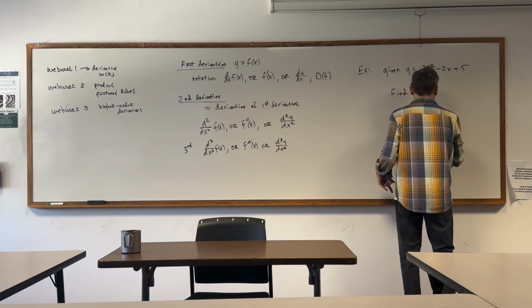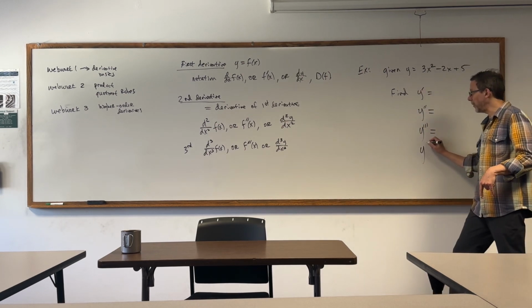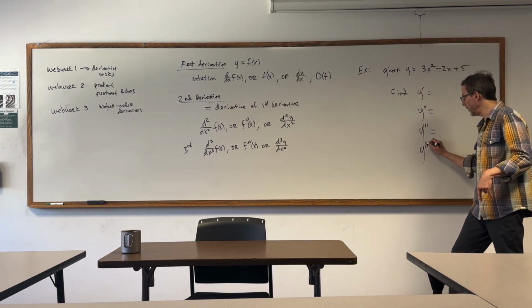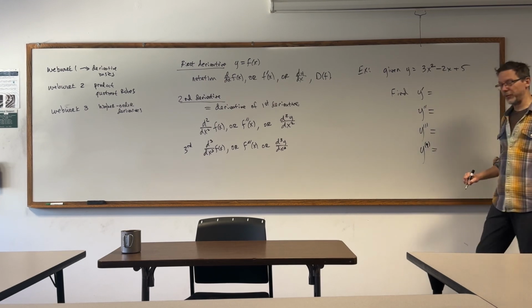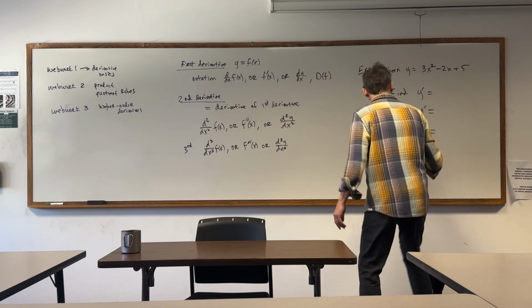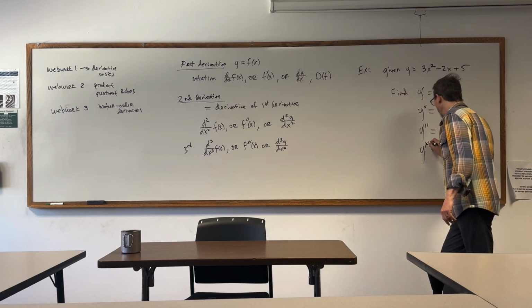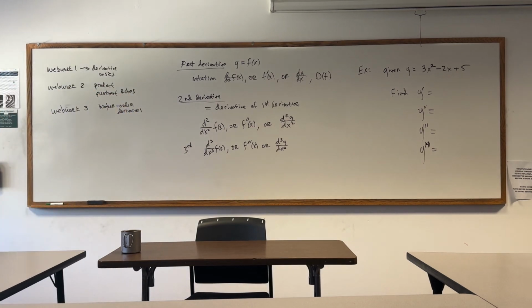Once we get past the third derivative, we just put the derivative level in parentheses as an exponent. So find the fourth derivative, find all these derivatives. It's gonna get easy at some point, I promise. I wouldn't torture you like this unless something nice was gonna happen. I'll give you a sanity check on that prime in just a minute.